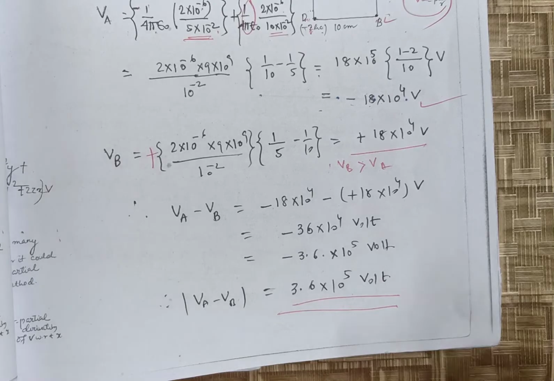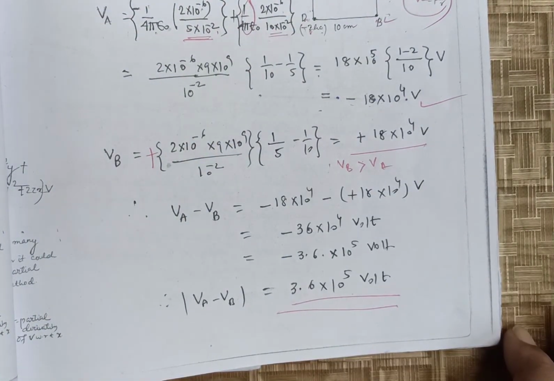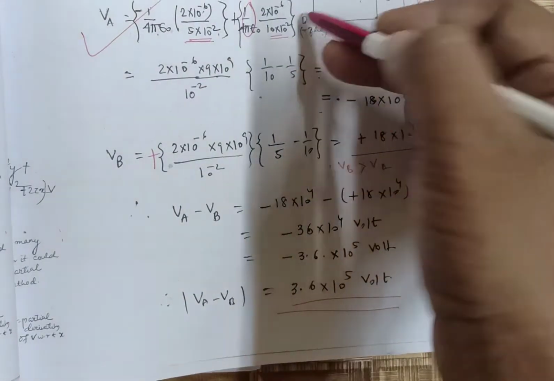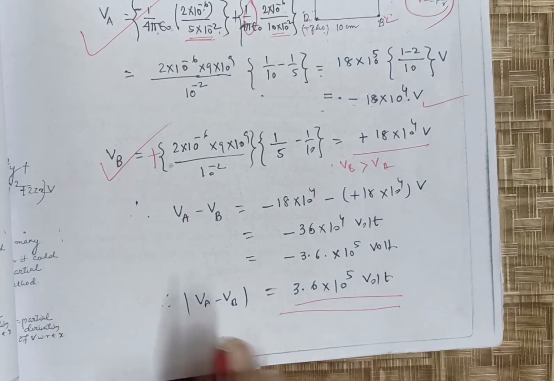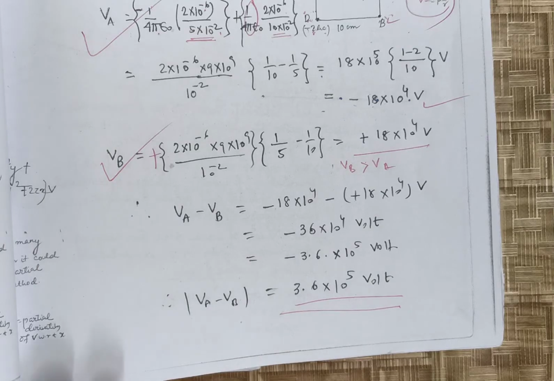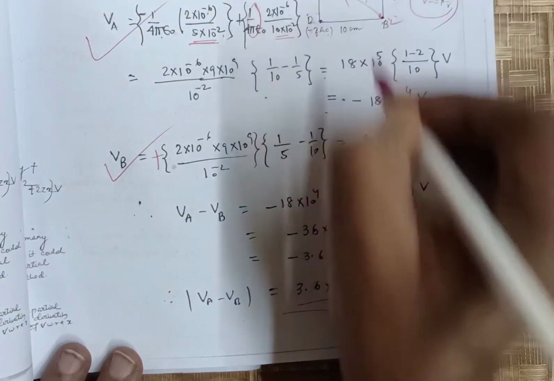Then again, check: the question asked to calculate the potential difference between A and B. At point A you individually calculate the potential from these two source charges. At point B you calculate the electric potential again, and the difference gives the potential difference. Sometimes a question may be asked where a charge is given, and you must find the amount of work done from this point to this point.